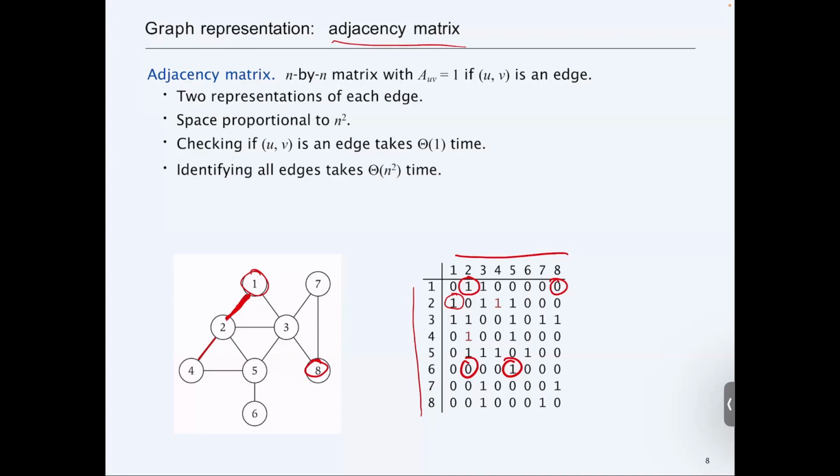Another thing that's worth noticing here is that to scan all of the possible edges, we have to inspect the entire matrix. So if we want to know what all of the edges in this graph are, we have to look at the entire n by n matrix. So identifying every edge in the graph is going to take n squared time, even if there's only a small number of edges that actually exist.